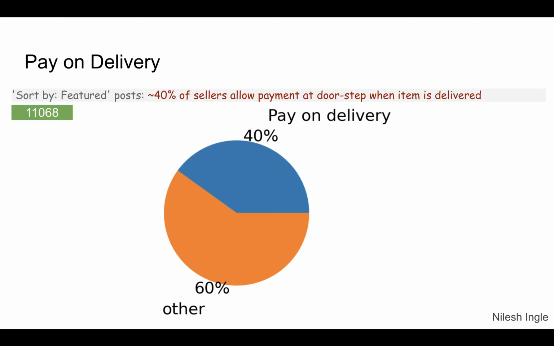I can simply place an order. The toy would be shipped to me, and after it arrives at my location, I can pay either in cash or credit card or debit card, etc. So 40% do allow that. That's something to think about, and 60% allowed other payment methods.